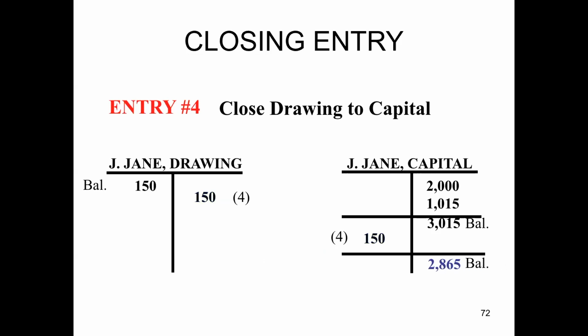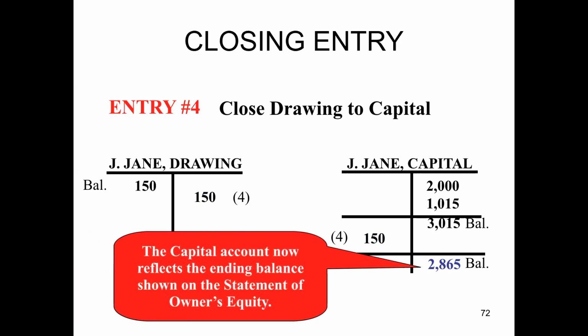So the balance of Jessica Jane Capital right now is 2,865. If you check the statement of owner's equity in the previous discussion, you will find that the ending balance is equal to 2,865.